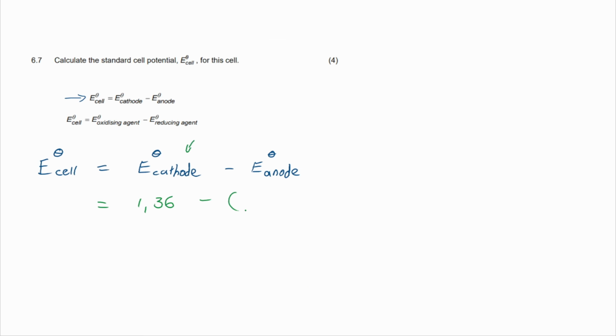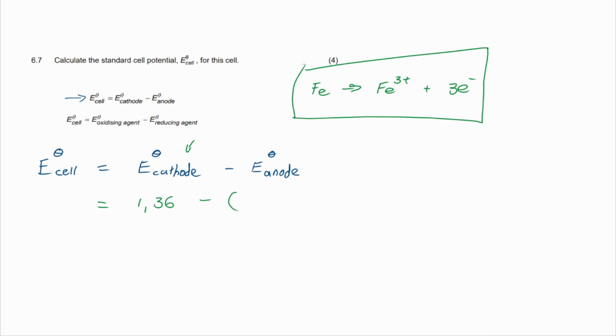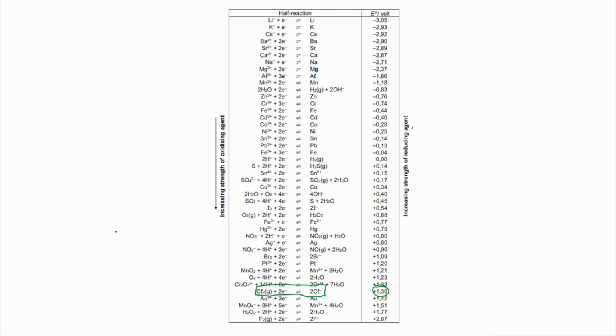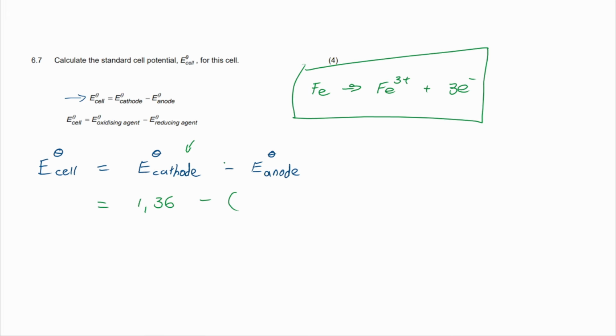Okay, and then we open up a bracket, and what happened at our anode, it was iron going to this ion over here. So now we just need to look at our reduction table again and find that thing. Again, we're looking where iron is oxidized to become this.